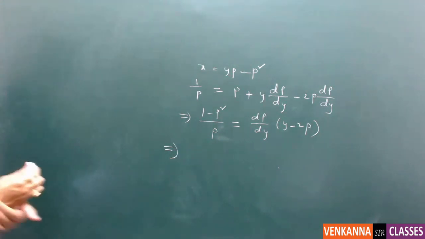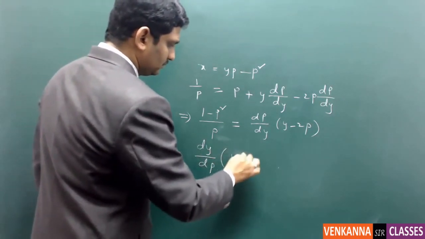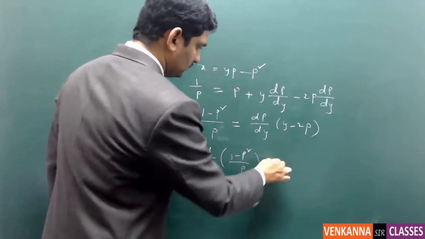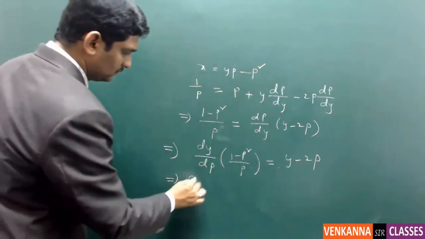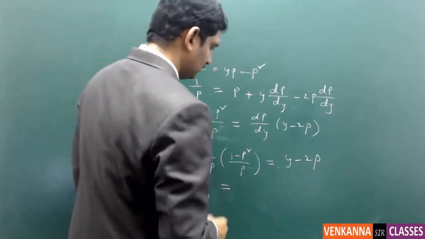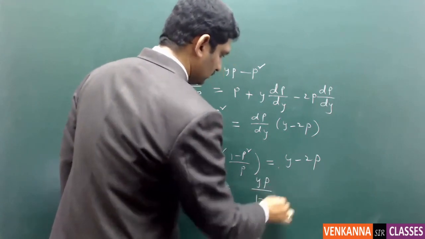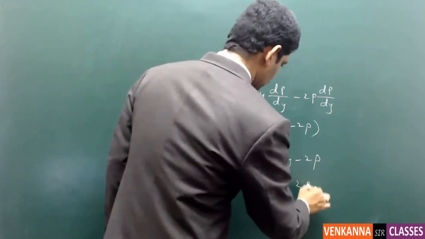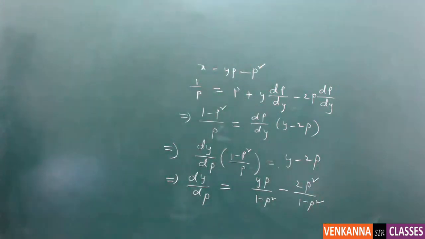So if you take dy by dp, is this acceptable? Say, right?